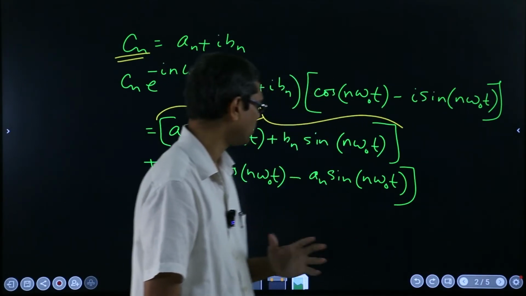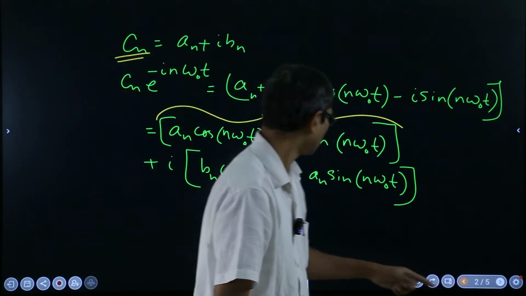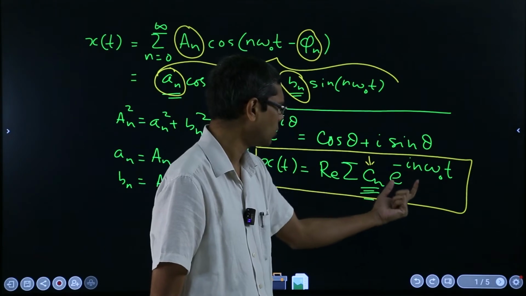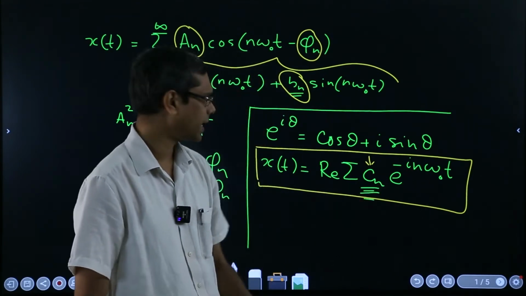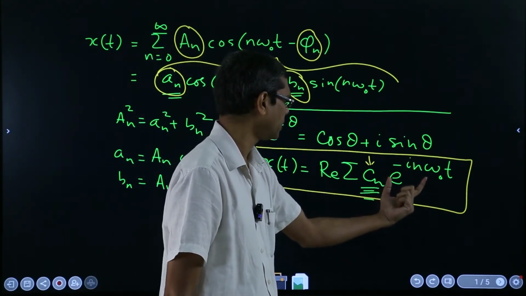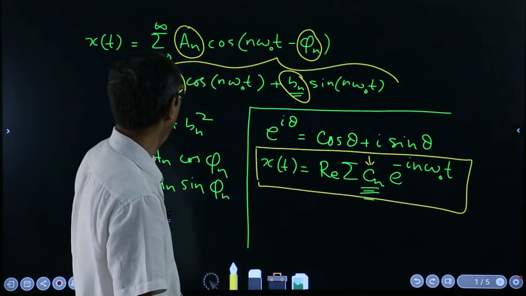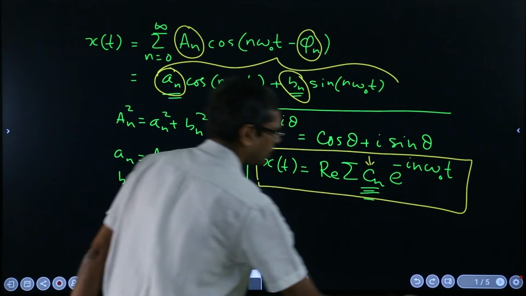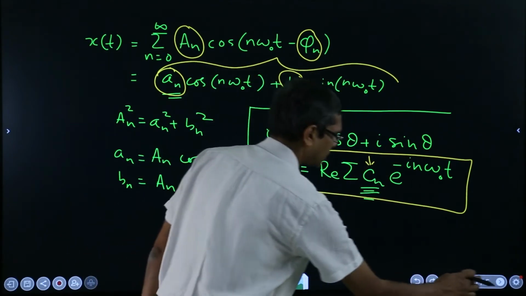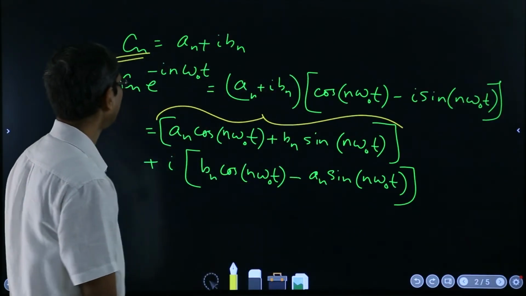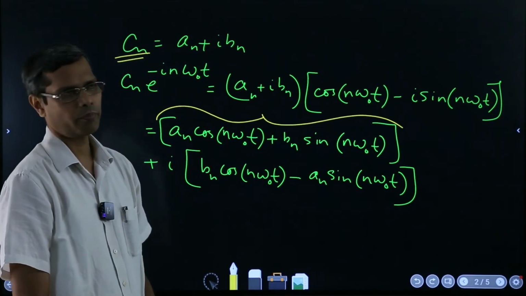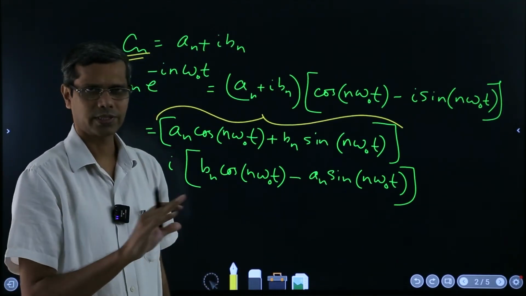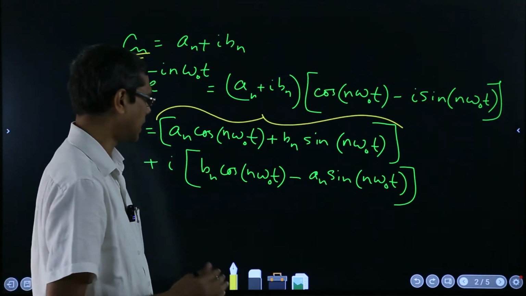So this is giving you that cosine and sine thing is coming from here, and this gives you the an and bn terms. Okay. So we have got another form, but can we do even better, because that real part of a summation does not look very nice.